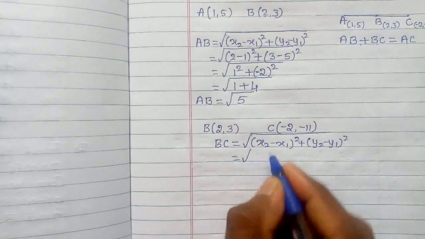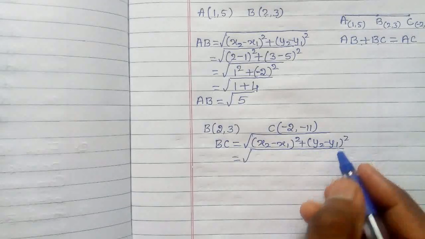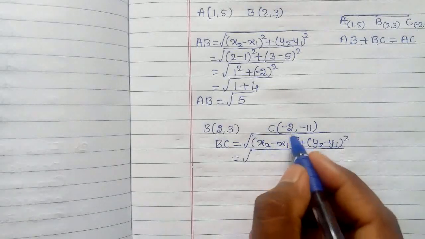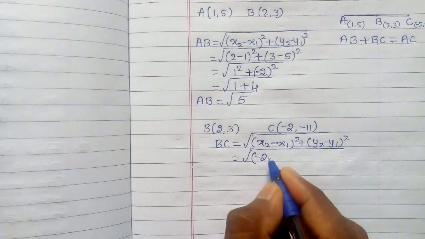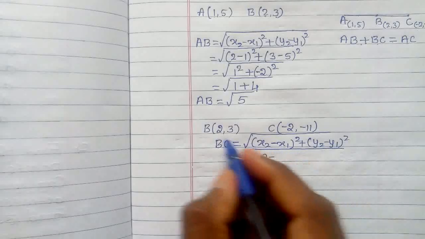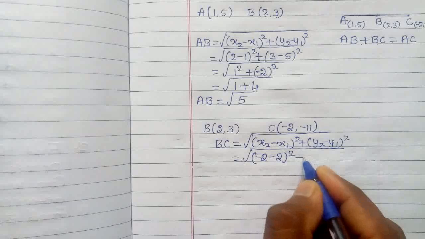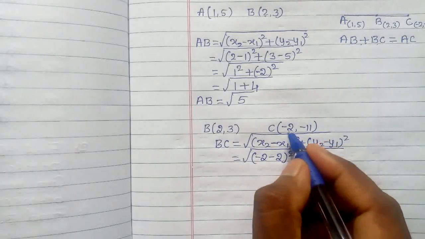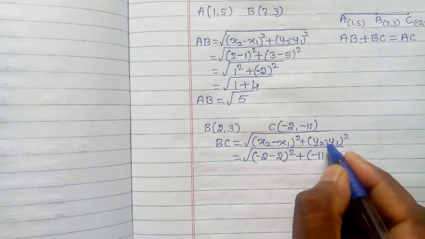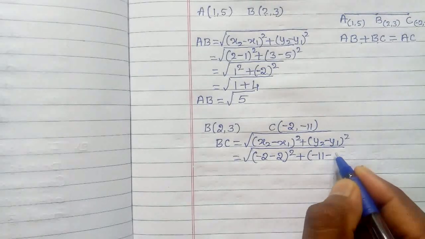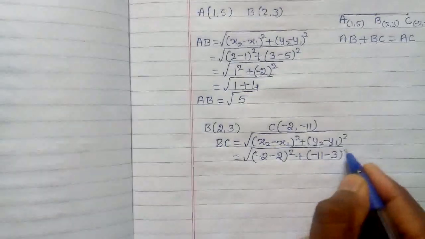Here x2 is minus 2 and x1 is 2, so minus 2 minus 2 whole square, plus y2 is minus 11 and y1 is 3, so minus 11 minus 3 whole square.